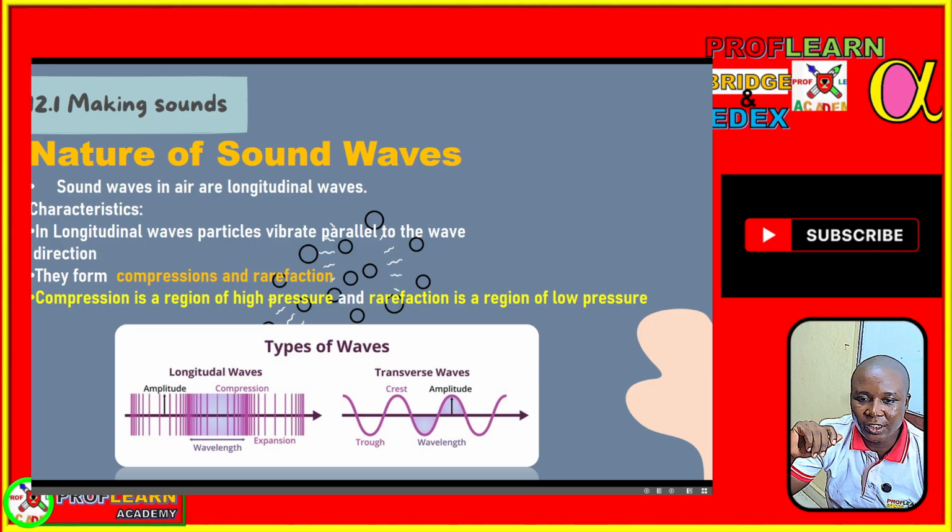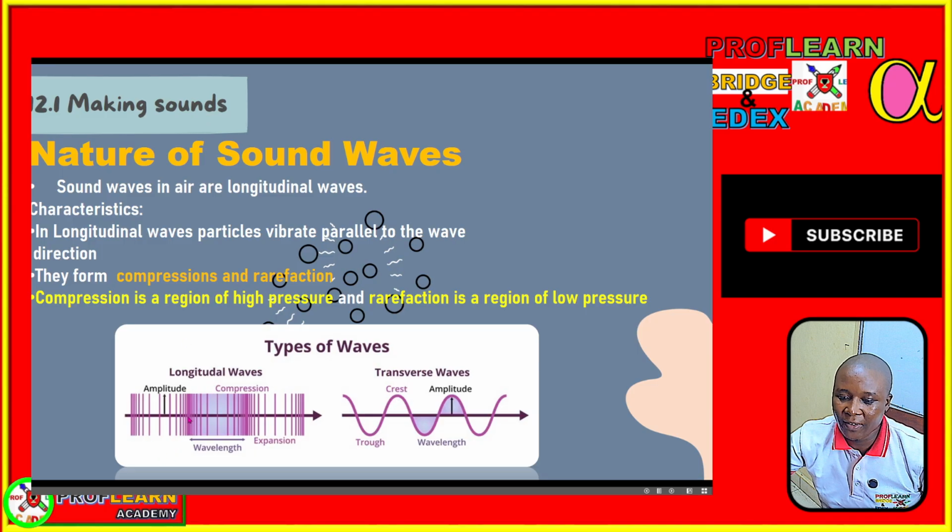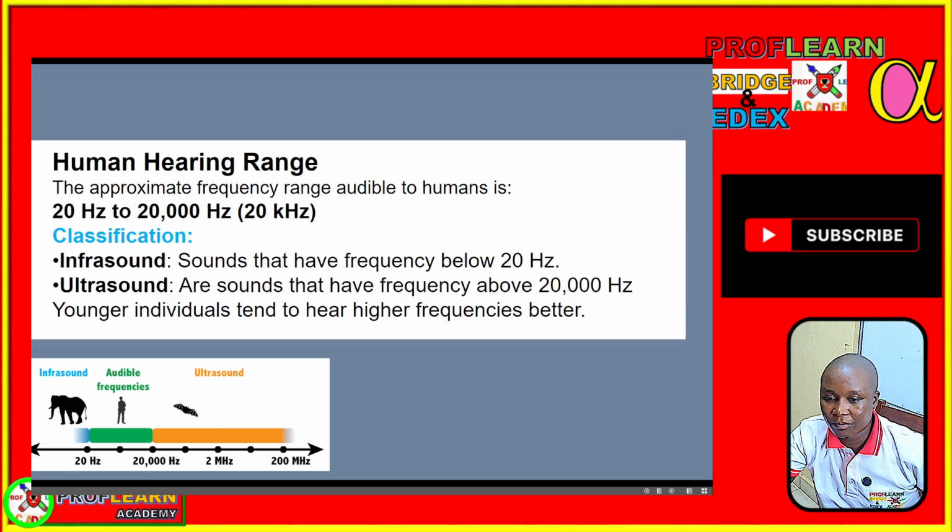So if you are asked to find the wavelength of a sound wave, what you're going to do is identify the center of a compression and the center of the next compression. Then you measure that distance, and that's going to give you the wavelength.